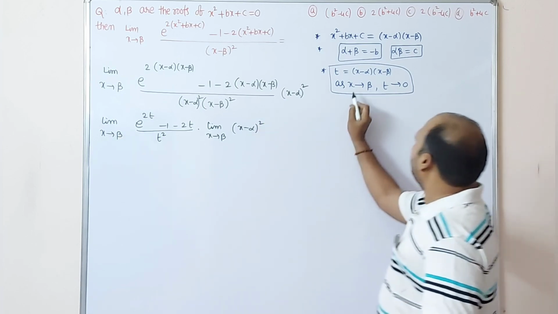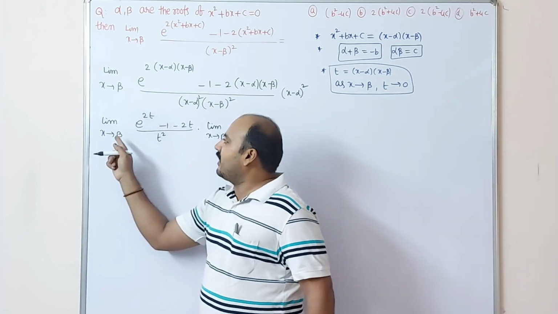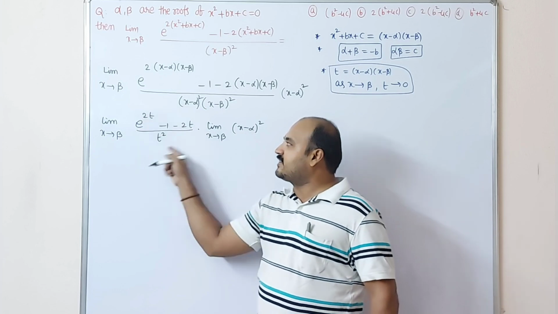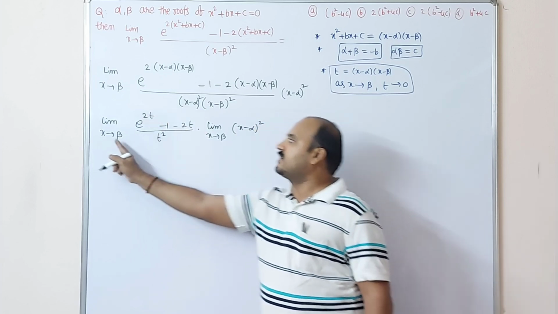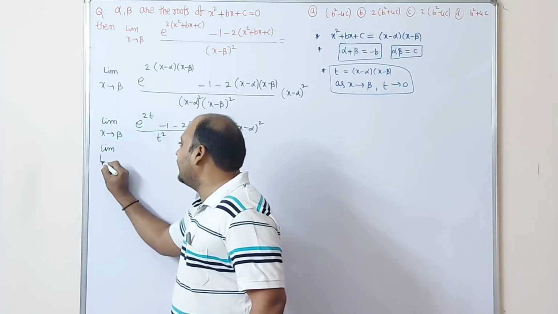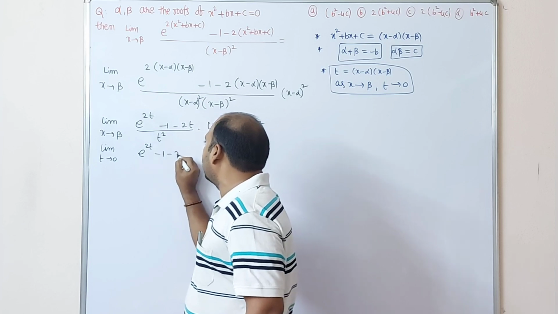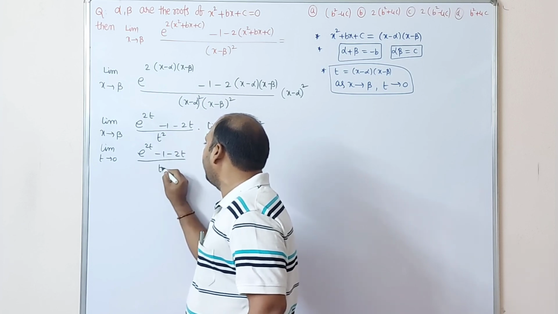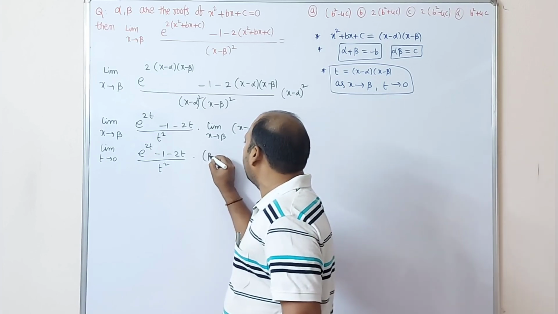X tends to beta means t tends to 0, you know. Why? Because here x tends to beta, but there is no x term in this limit, so wherever the terms are in t, x tends to beta is equal to t tends to 0. This will become limit t tends to 0 of e power 2t minus 1 minus 2t by t square, into, substituting x equal to beta, (beta minus alpha) whole square.